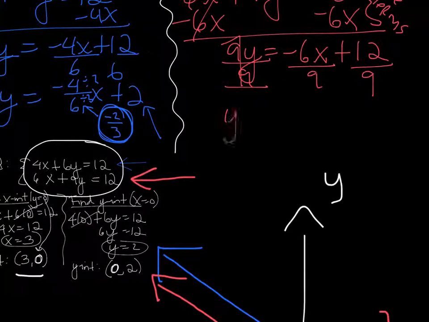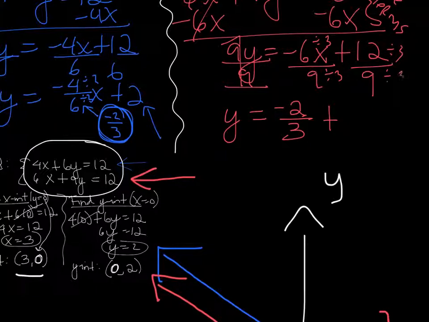We get y equals, and I reduce 6/9, divide by 3, and then I get negative 2/3 x, and the y-intercept here, I could divide by 3 and I would get 4/3, which is really 1 1/3, which is what we generated.